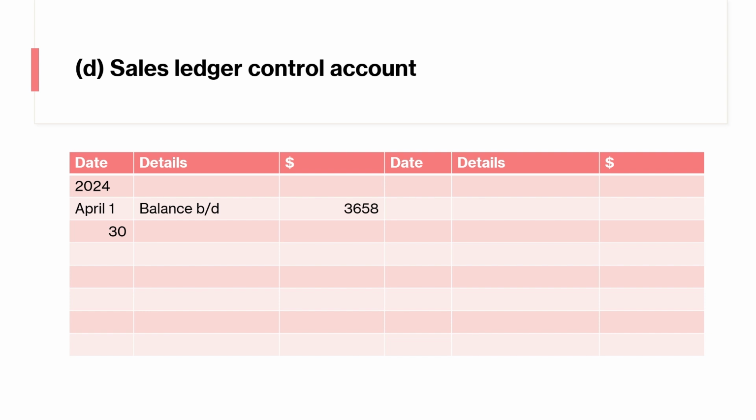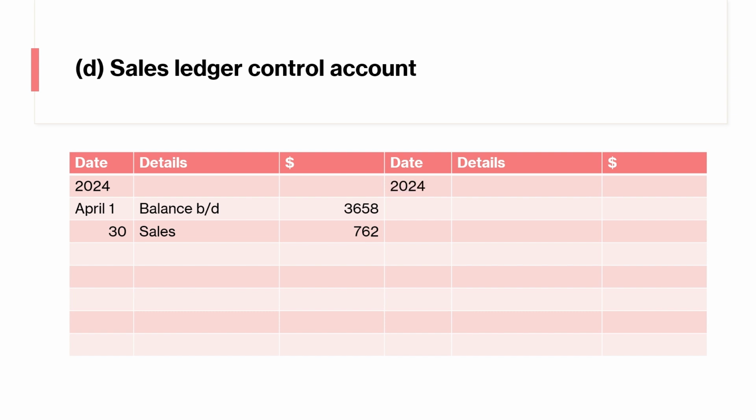So that will be a debit entry in the sales ledger control account, because if you try to think of the double entry, it will be a debit in the trade receivables account and a credit in the sales account. Sales is an income account. So debit saying sales, the total amount will be 762, which we calculated before.